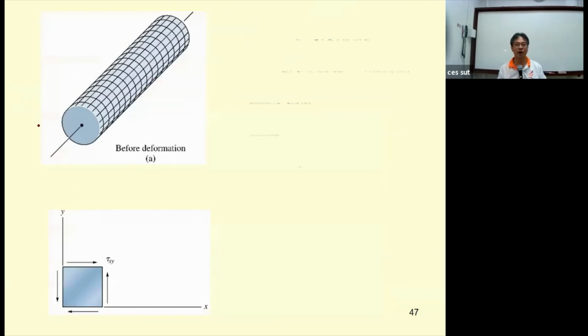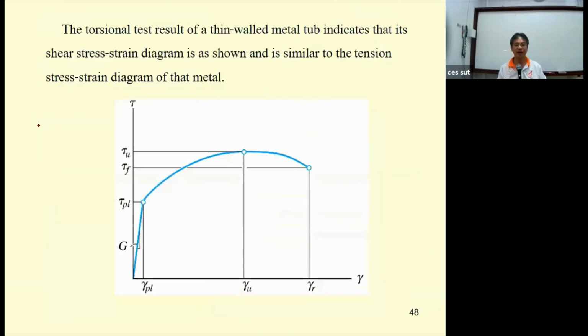Okay, and if you plot the stress and the strain, there are some important points again. The tau sub y is usually assumed to be equal to the tau sub proportional limit, and you also have the slope. Due to the linear elastic behavior over here, the shear stress will be equal to G times the shear strain.